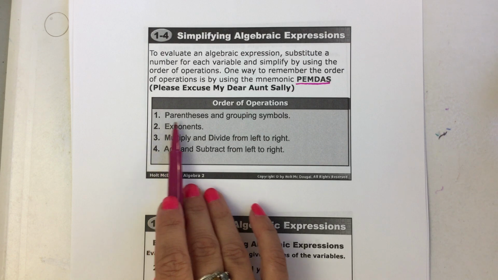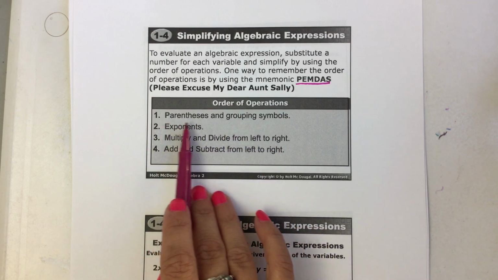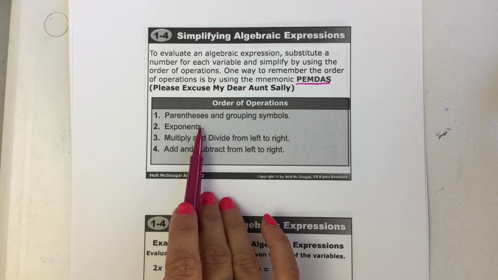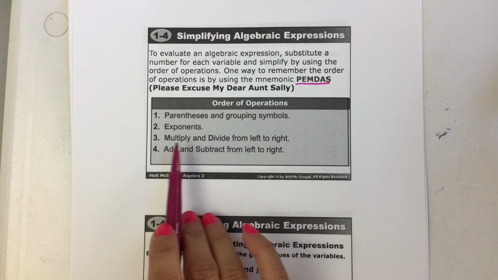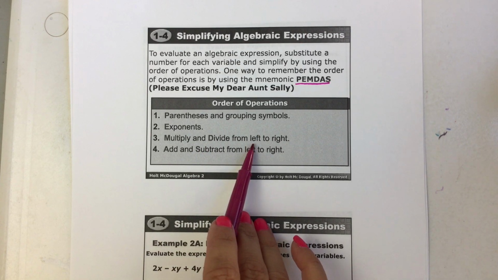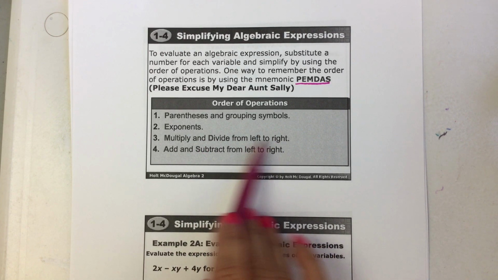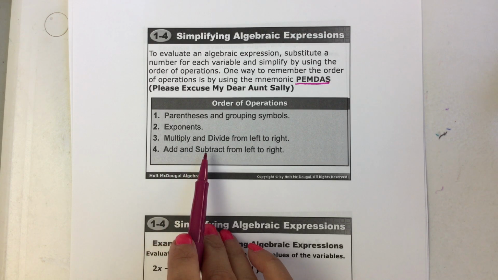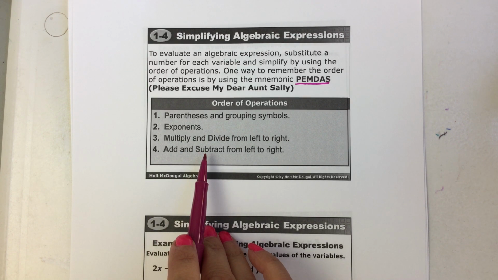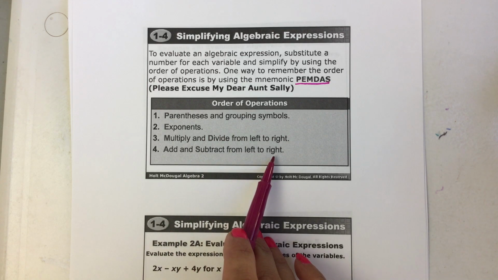The first thing you do is see if there's something that you can do inside of parentheses or grouping symbols. Next, you go to exponents. Third is you multiply and divide. Now, multiply and divide go at the same time. You go left to right, just like you're reading a book. Adding and subtracting, that is the last step. But again, they actually go at the same time, from left to right.